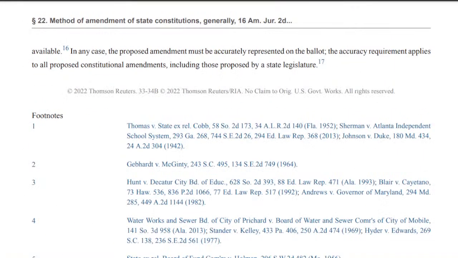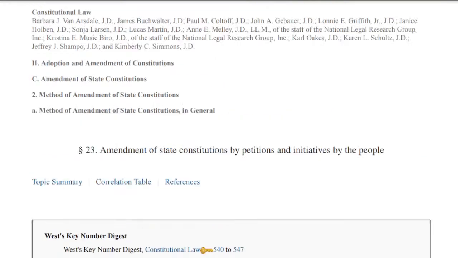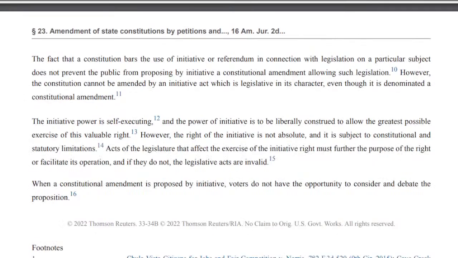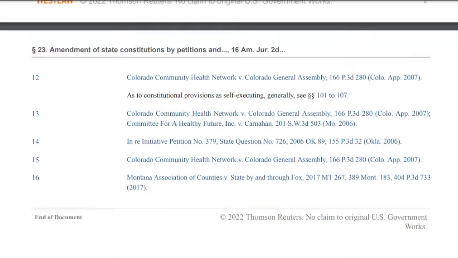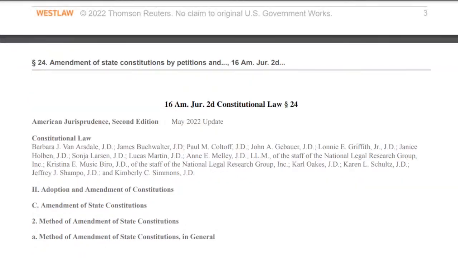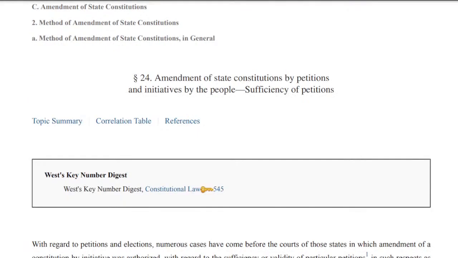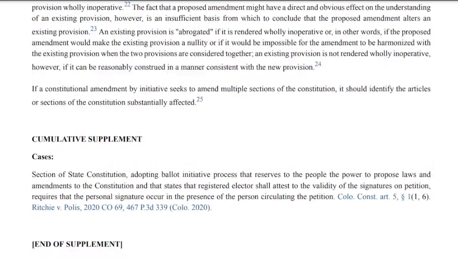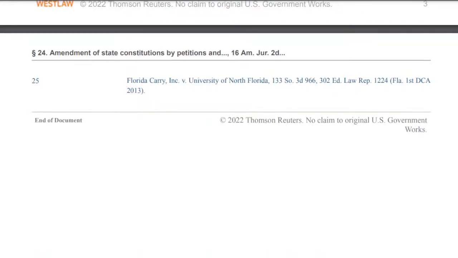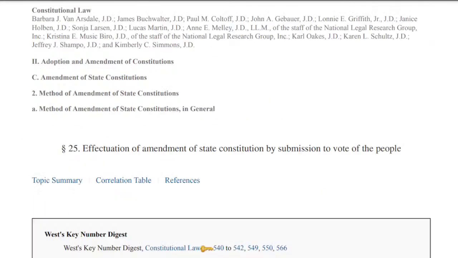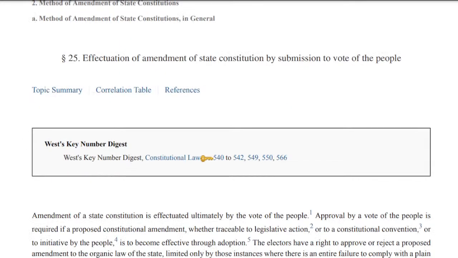Methods of amendments. Amendment of state constitutions by petition. Amendment of state constitutions by initiatives. Lots of ways to do things that never get done.